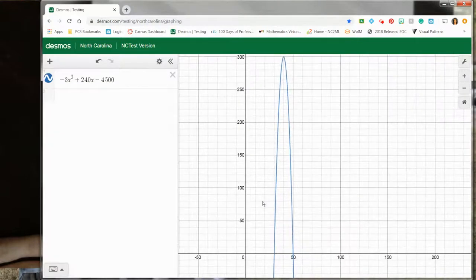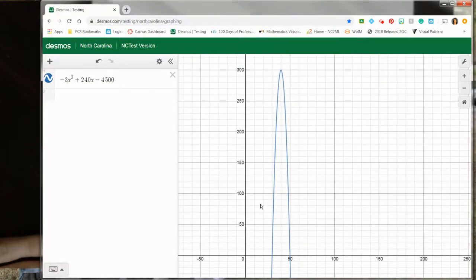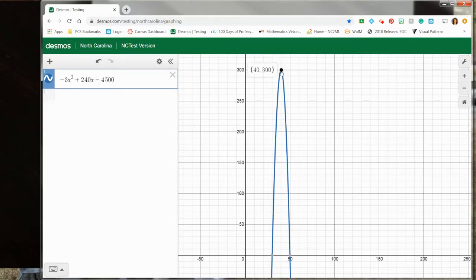I'm going to zoom out a whole bunch. Okay, so I want the most profit. This is where I would be making the most money. So my ideal ticket price would be $40 because that's the X value.